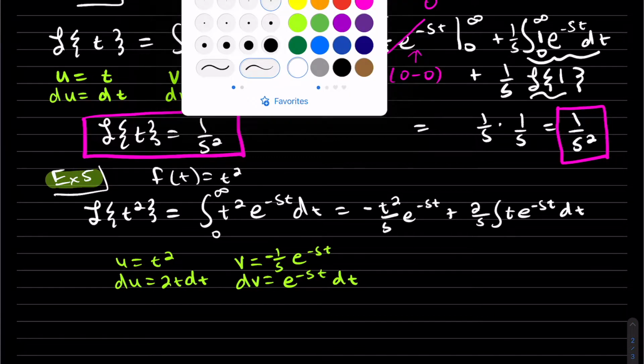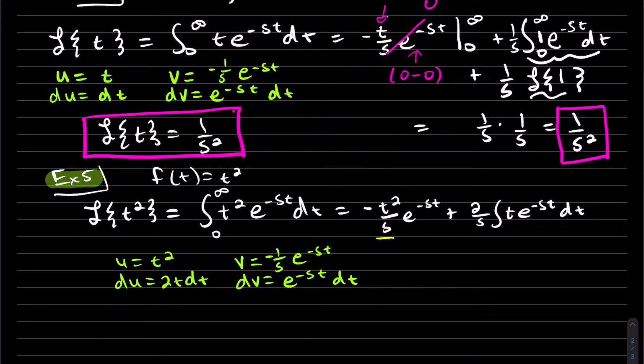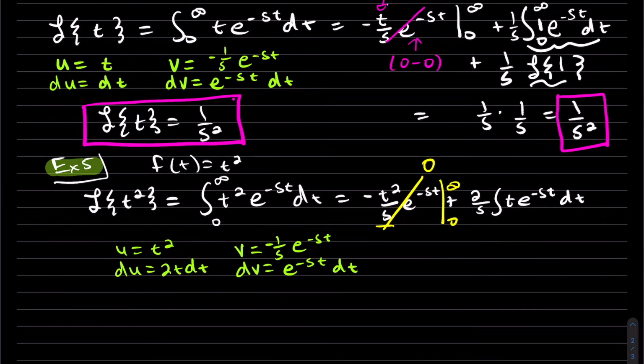Again, we just do L'Hopital's twice, because this is from 0 to infinity, and this goes to 0. My function is t, so this is 2 over s times the Laplace of t.